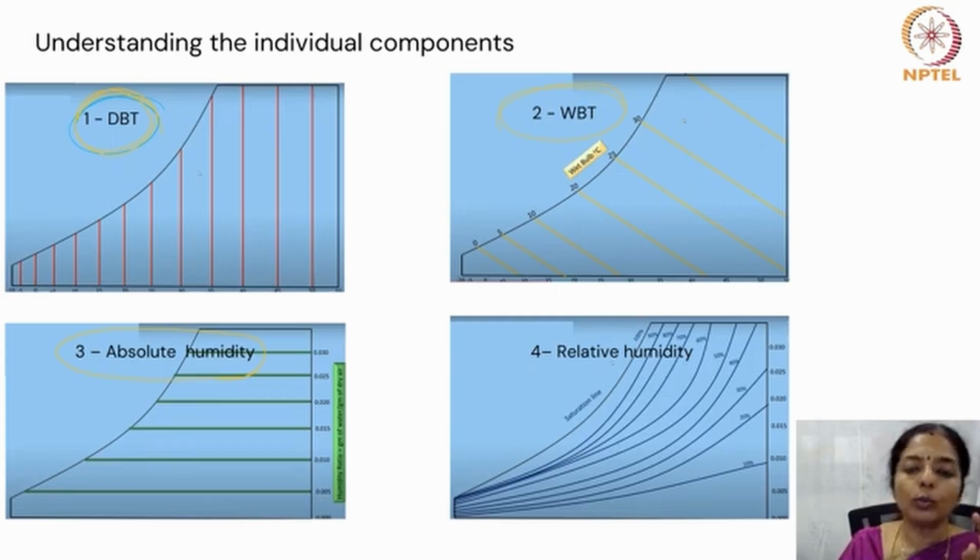The fourth one is relative humidity. Relative humidity can be defined as the percentage of moisture in the air compared to the maximum amount of moisture the air can hold at a specific temperature. It is expressed as a percentage. It is key in determining thermal comfort.